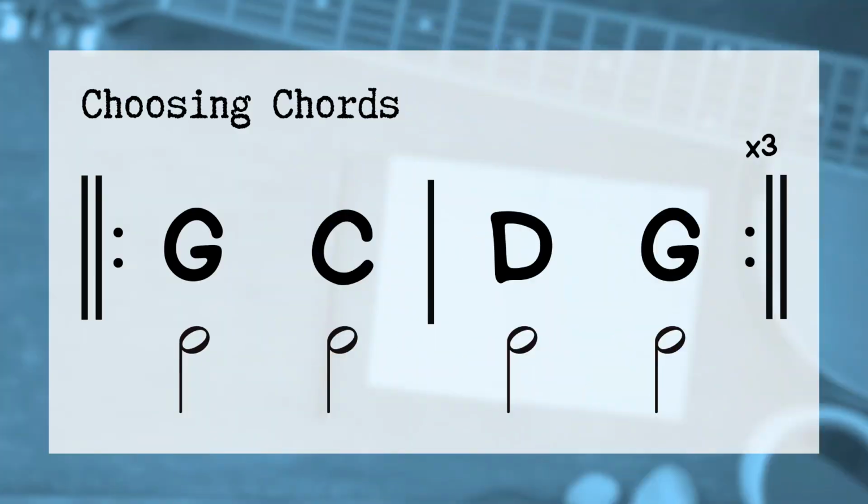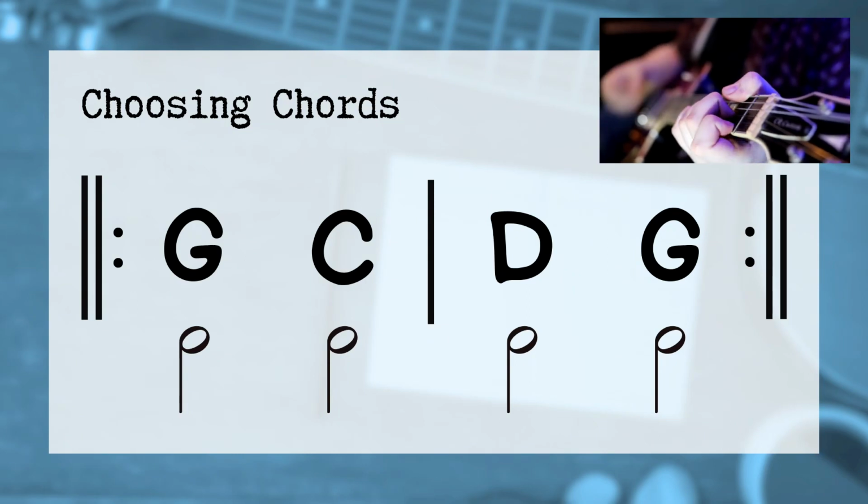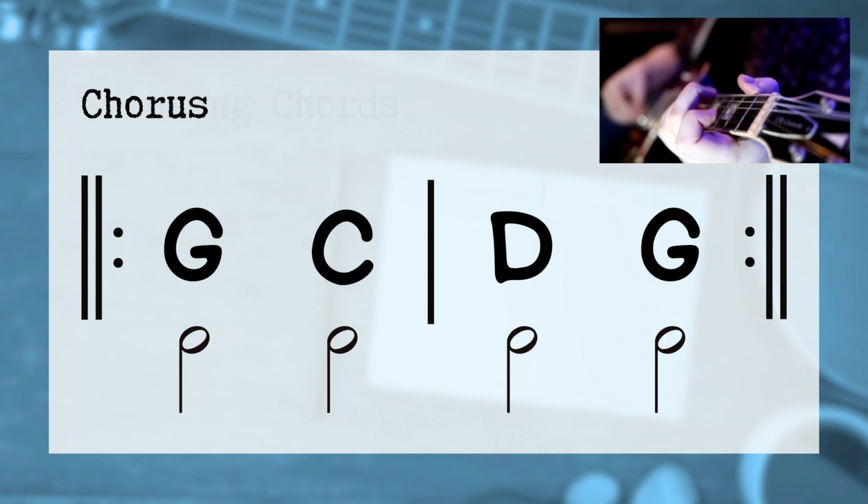I'm going to play my chords for half a bar each, 2 beats, a minim, whatever you want to call that. We've effectively got 4 beats of G because it's at the start and at the end. And that phrase is 2 bars long. So I want to play it a total of 4 times, so we have 8 bars. This is our first section, and because it has that sense of completeness, that roundness, that sense of resolution, this is going to be our chorus.